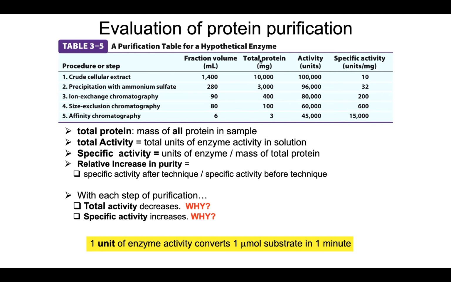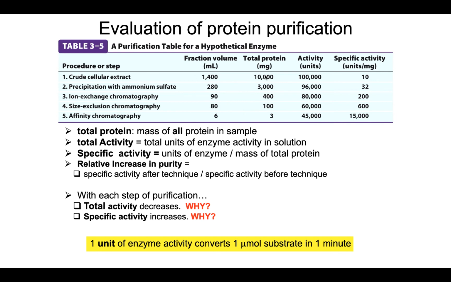And then the next thing, each one of these fractions, we take a small bit of it and we measure the total amount of protein in that fraction. And this is not just your protein, this is all proteins. Basically, we're going to use that property of tyrosine and tryptophan, that absorbance property, to simply pop it into a spectrophotometer, read the absorbance, run an equation, and figure out how many milligrams of total protein we have.